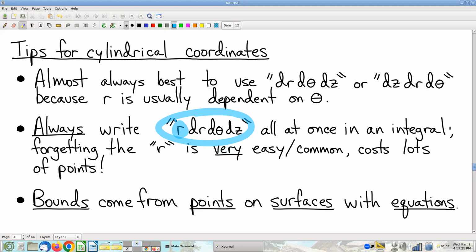This is the thing. dr d theta dz by itself is not a thing. It has nothing to do with anything by itself, so it doesn't make any sense to write it down by itself. Always write this as a whole. If you can make yourself follow that rule, and I do my best myself, and I forget sometimes, then you will be more safe from forgetting that stretching factor.